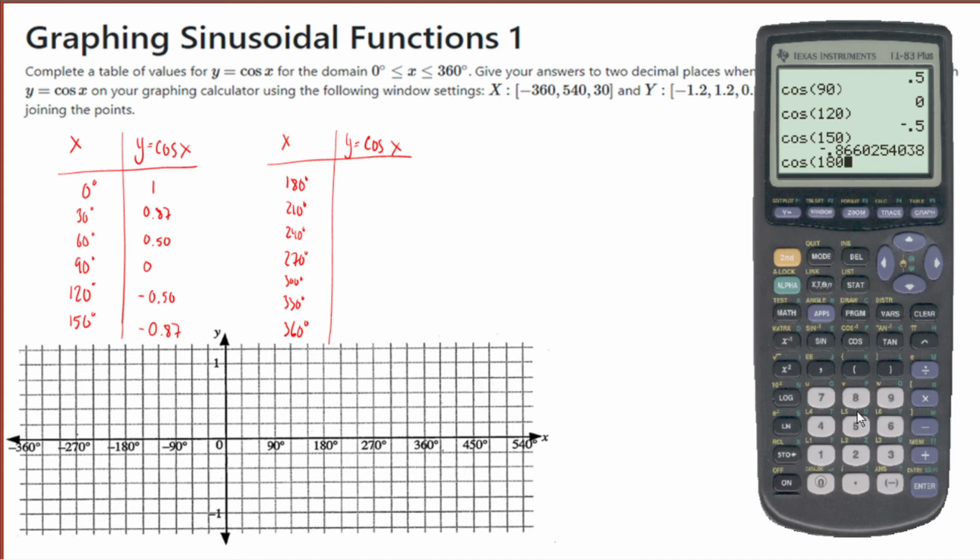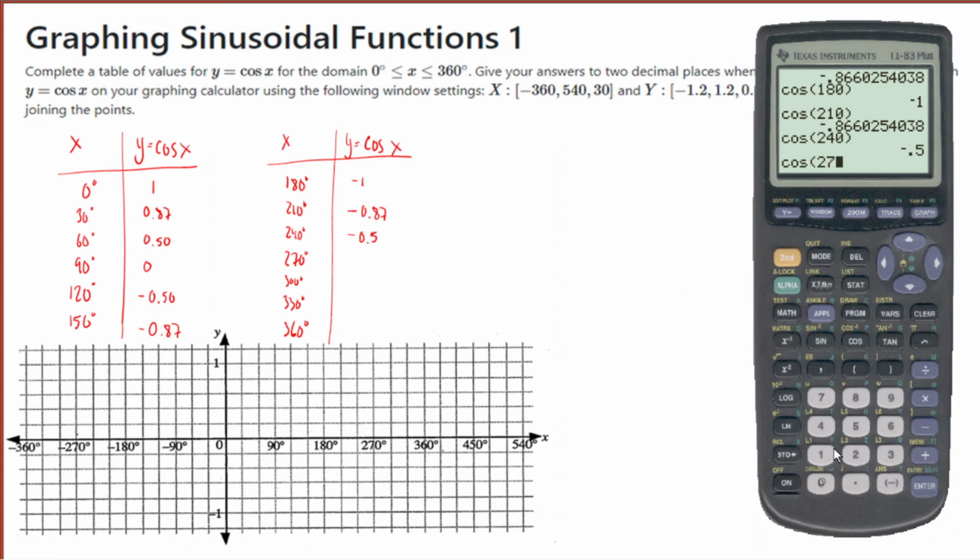Cosine 180 degrees is negative 1. Cosine 210 degrees is negative 0.87. We're starting to see some numbers repeating themselves. Cosine of 240 degrees, negative 0.5.